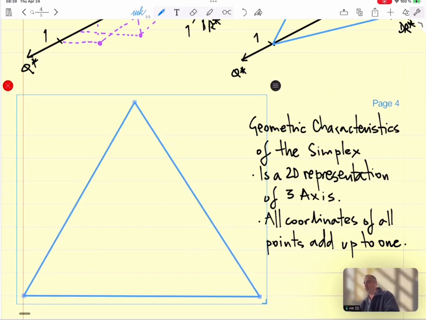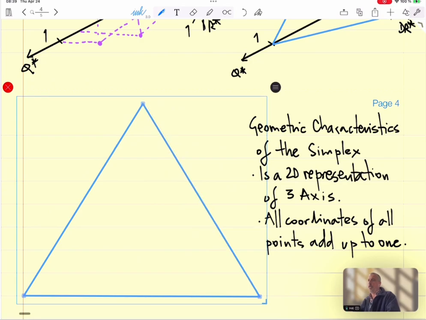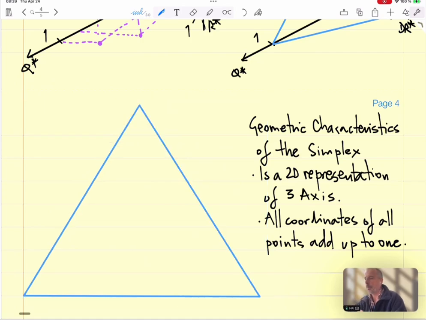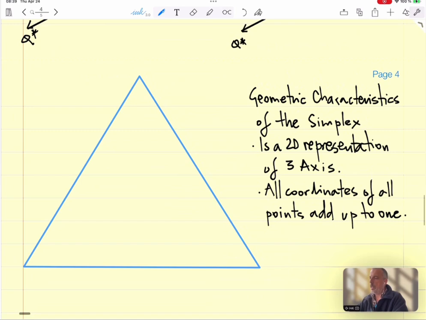A little bit irregular, but anyway, it should be a pretty regular triangle. Okay, so this is a special kind of space. You need to think about it as origami. You know origami, right? It's a folding paper. It's like a projection on paper.